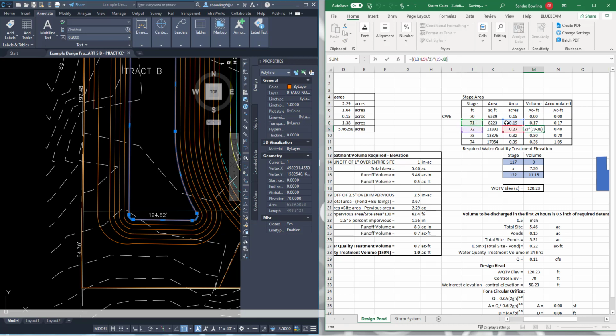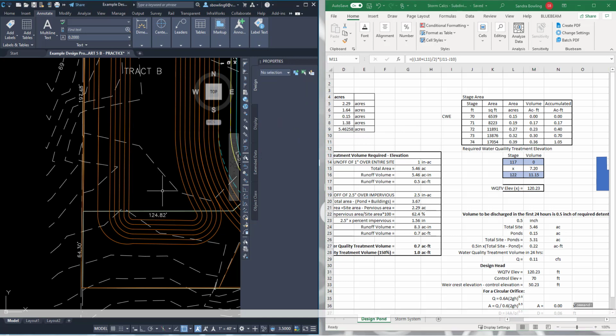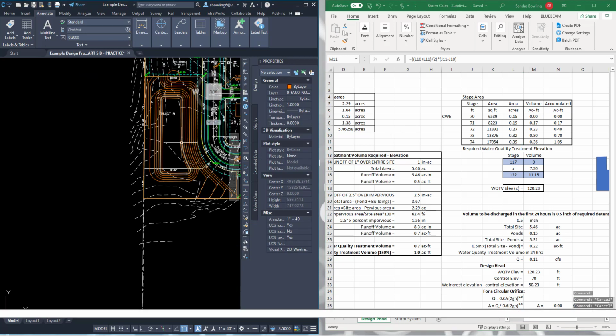So I do that for each one of these. So now I take 71, 72, and then I take 72, 73, and then I get the end average area of 73 and 74. So now I've got what the volume is in between the bottom of this contour and the top of this contour. So basically what you're seeing is, if I drew a cross section, the pond looks like this, right?